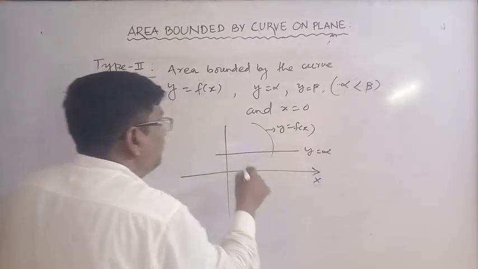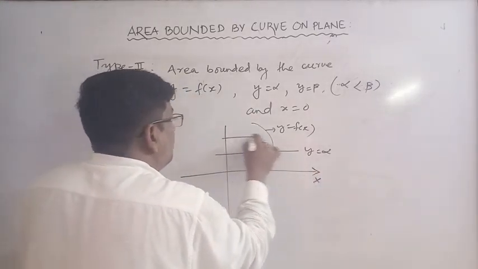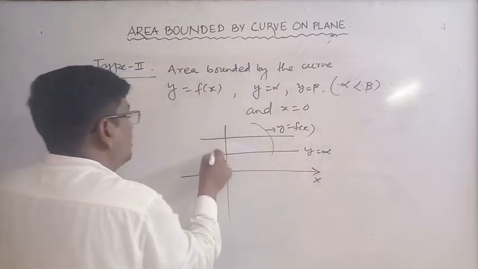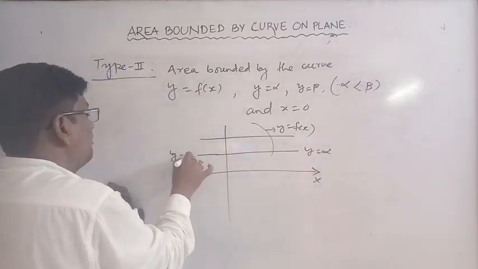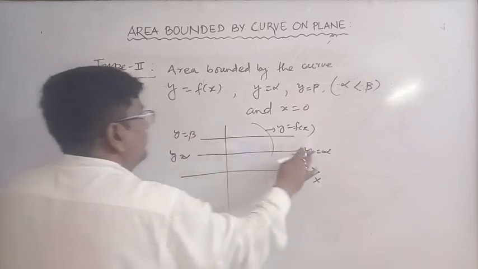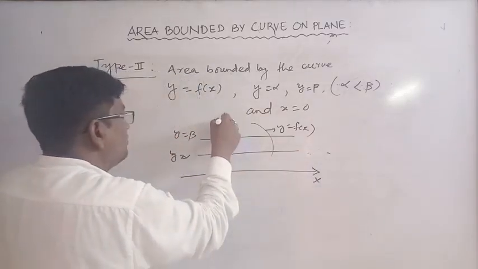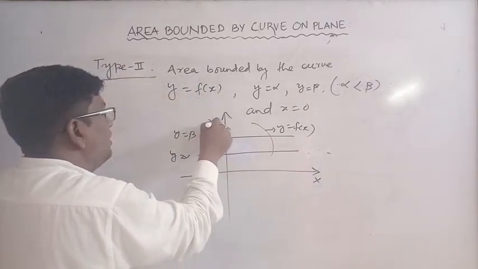This is y equal to alpha and this is y equal to beta, and this is the y-axis, meaning x is equal to 0.